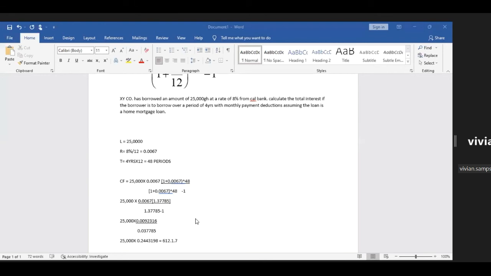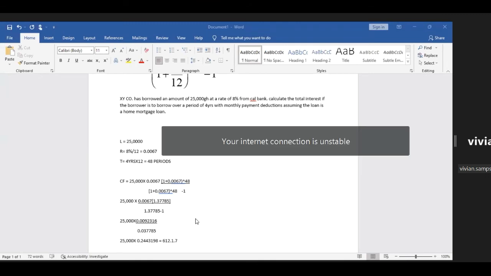So even if last year you paid about 20,000 of the principal and you are left with 5,000, the add-on rate was still calculating the interest on the 25,000. But with the home mortgage, it will be calculating the interest only on the 5,000. Are you with me? So at the end of the day, you see that the home mortgage or the other type of loan is cheaper than the add-on rate.